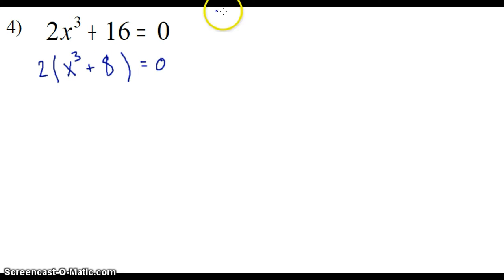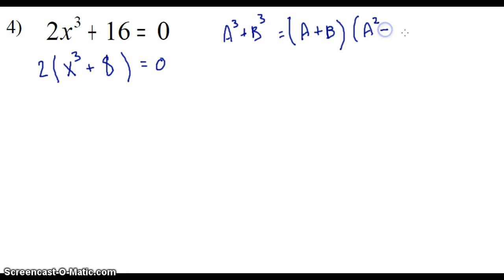The difference and sum of cubes: a cubed plus b cubed equals a plus b times a squared minus ab plus b squared.